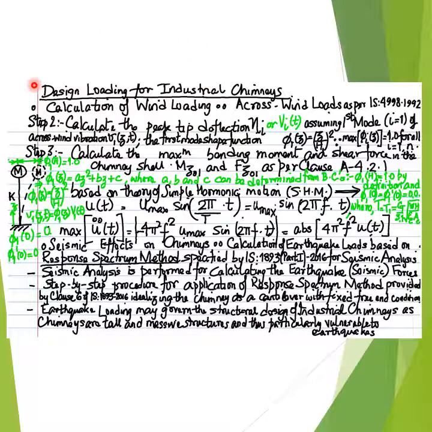To conclude our discussion on the calculation of crosswind loads and the related crosswind vibration response of circular cylindrical industrial chimneys as specified by the simplified procedure provided by IS 4998 Part 1, the Indian Standard Code of Design Practice for calculation of wind loads on circular cylindrical chimneys.